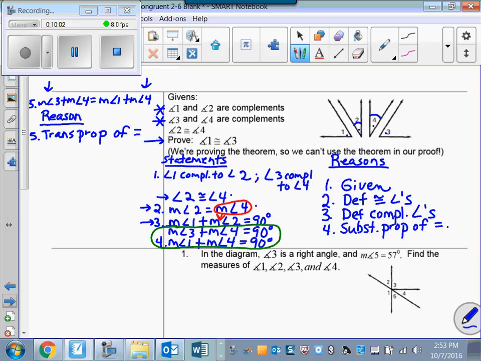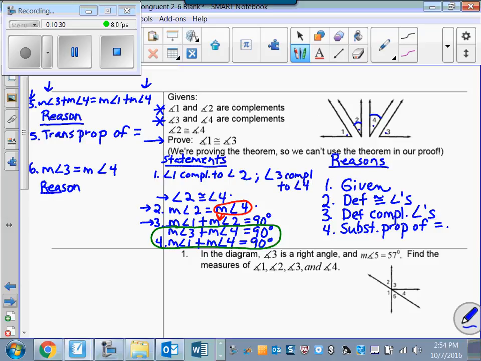All right, so if I look at number 5, if I look at this statement right here, what if I were to subtract the measure of angle 4 from both sides? Hey, I think I'm really getting somewhere now. So the statement number 6 that I would make is that the measure of angle 3 equals the measure of angle 1. And how do I know that?